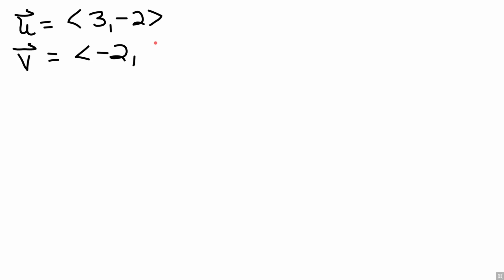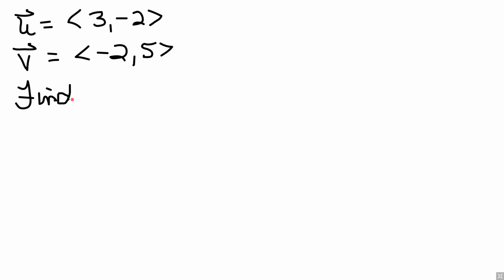We have that vector u is defined as 3, -2, and we have vector v, which is defined as -2, 5. And the first thing we want to do is find the component form and the magnitude of the vectors.